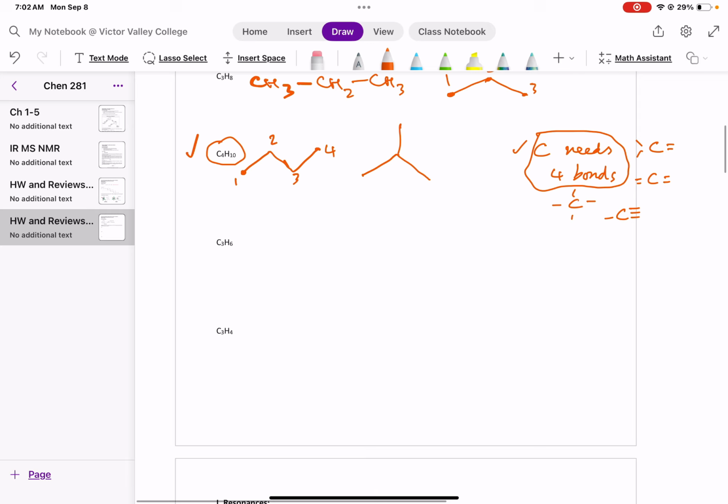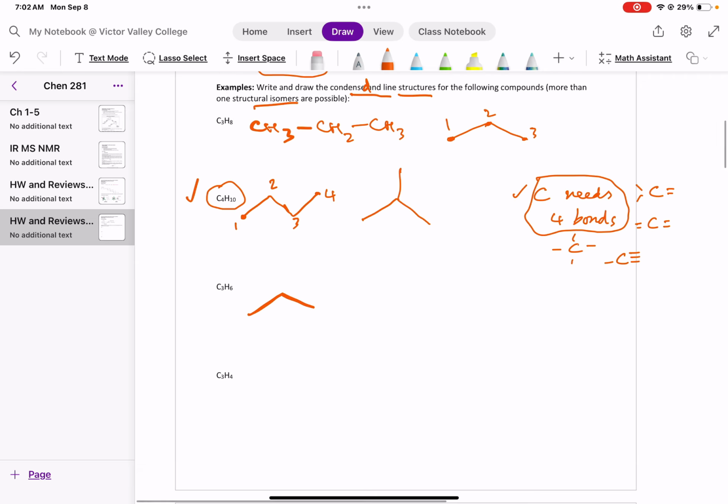Moving on, C3H6. Now we have 3 carbons, but only 6 hydrogens. If we leave it as single bonds, we would have 8, like the previous one. But this time we are 2 hydrogens short. Therefore, the best way is to make a double bond.